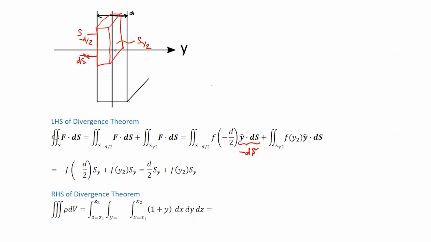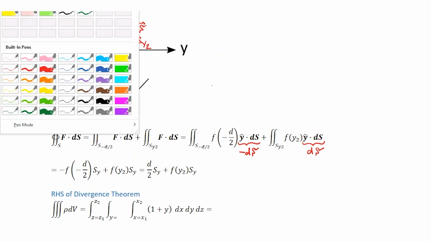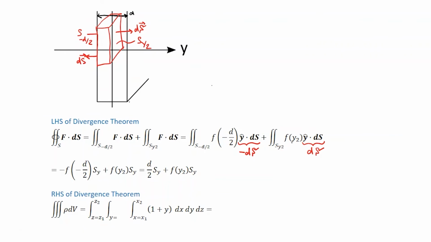For this surface, we have the differential surface element that goes to the right. So when you dot product it with y hat, you get positive dS. For this integral, this F of y2 comes out of the integral because it's a constant. So we're left with F of y2, you see this here, times the surface area of this surface.